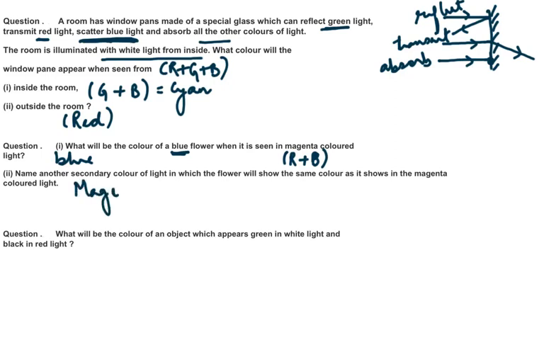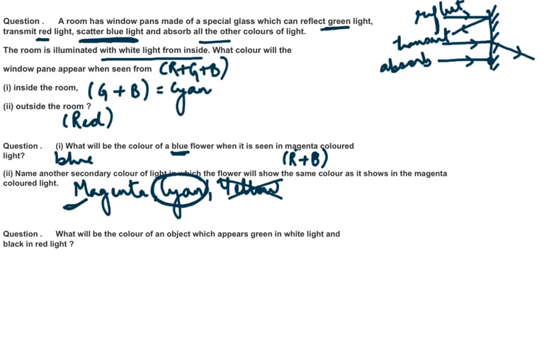Magenta is having blue, cyan is having blue, yellow is not having blue. Fine, magenta we have already given. It is asking for another secondary color of light. So this is the answer. Answer is cyan. Okay.